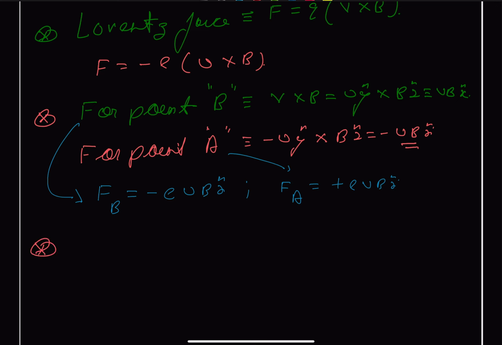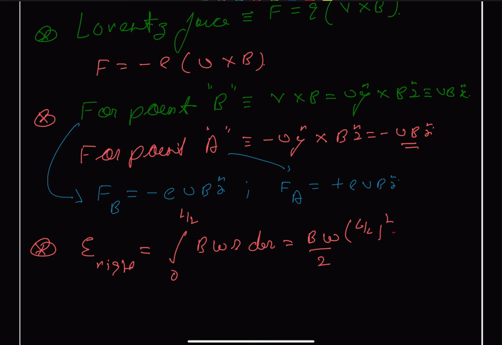So we can say the EMF induced in the right half will be equal to the integral from 0 to L by 2 with respect to the center. So this becomes B omega R multiplied by dr, integration. This will come as R square by 2, and we can write this as B omega (L by 2) whole square divided by 2, which gives us B omega L square upon 8.